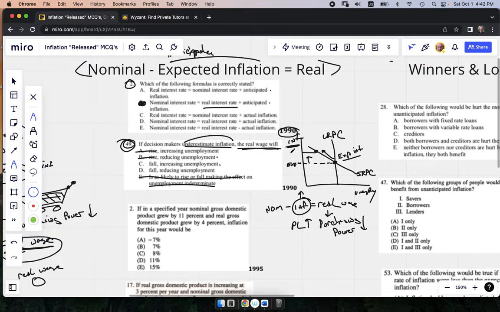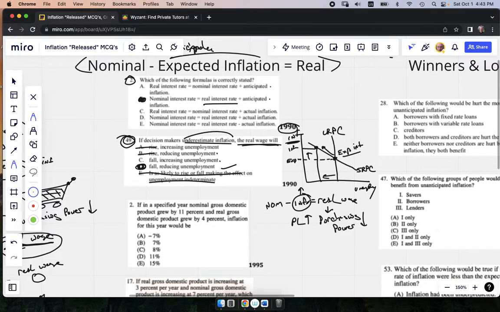Well, when inflation goes up, our short run Phillips curve shows that unemployment has to go down. Remember, this is our short run trade off between inflation and unemployment. Inflation goes up, unemployment goes down, inflation goes down, unemployment goes up. Recognize that that is just a Phillips curve understanding. Don't worry too much about it if you're not there yet.